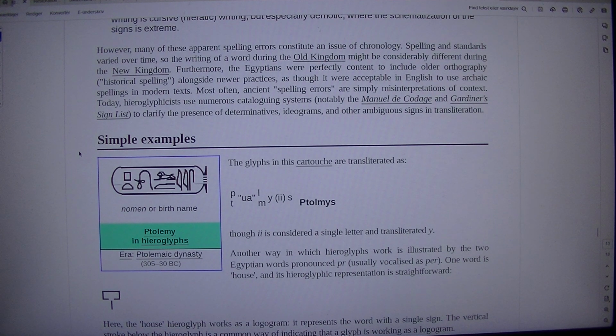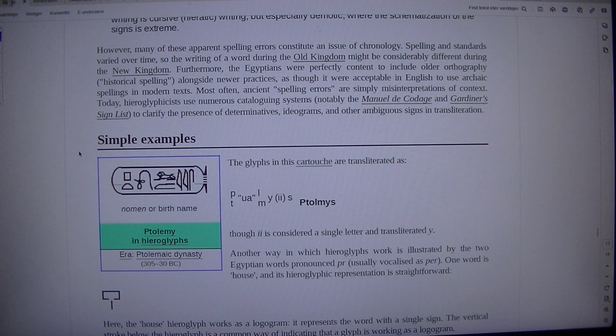Spelling and standards varied over time, so the writing of a word during the Old Kingdom might be considerably different during the New Kingdom. Furthermore, the Egyptians were perfectly content to include older orthography, historical spelling, alongside newer practices, as though it were acceptable in English to use archaic spellings in modern texts.